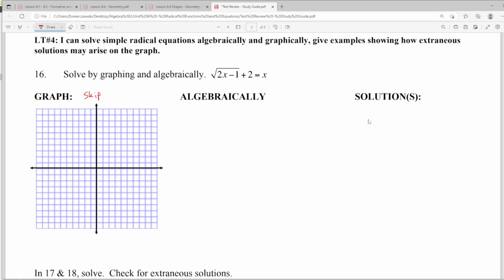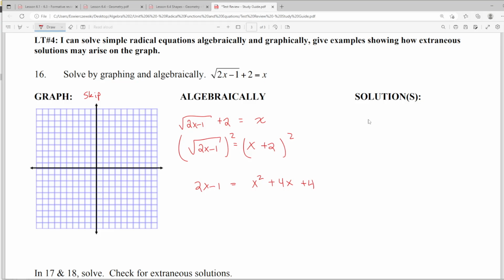As far as algebraically, I would get the square root of 2x minus 1 plus 2 equals x. So I start there. I'm going to isolate my radical. Square root of 2x minus 1 equals x minus 2. Then I square both sides. I get 2x minus 1 equals x squared minus 4x plus 4.